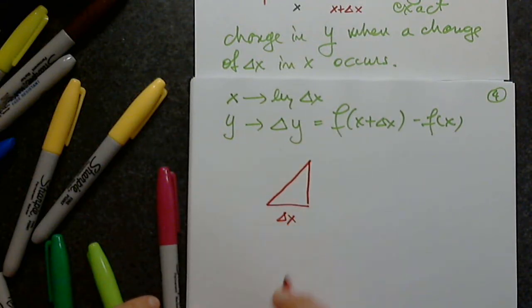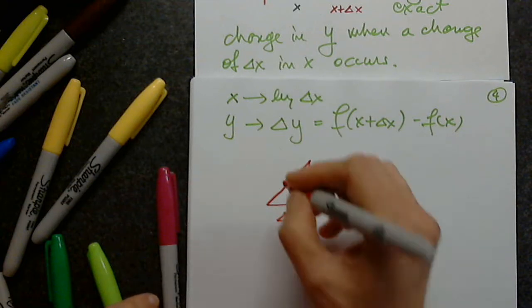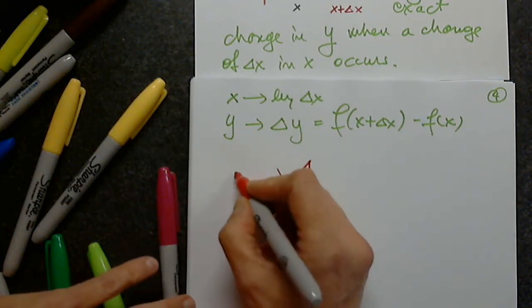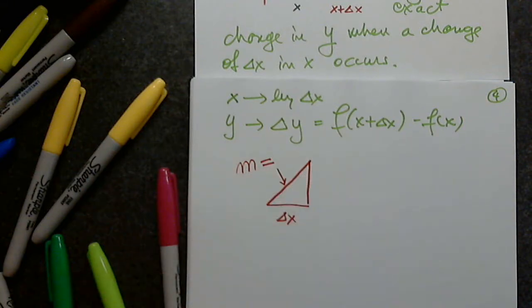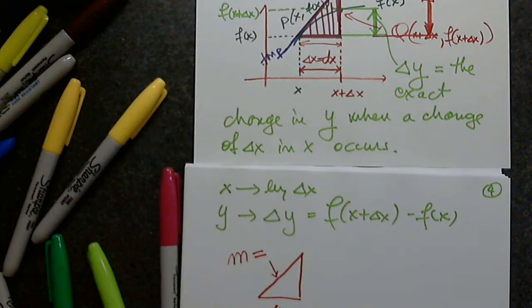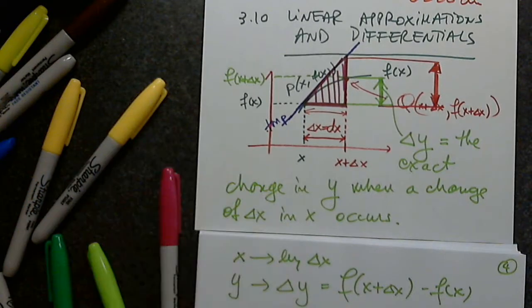Now, in this right triangle, we know that this is delta x. And we know that this line has a slope. Can anyone give us that slope? Remember what that line is. We know what the slope is because we know how we drew that line.